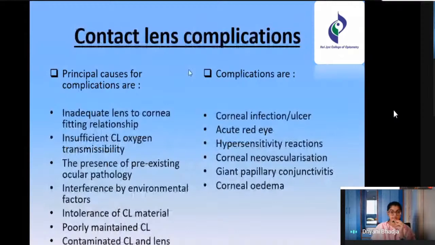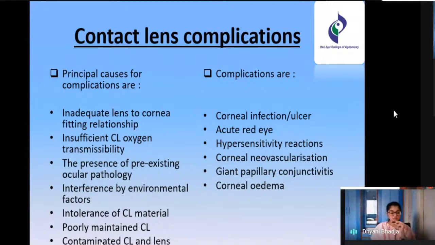So what are the complications which may occur? Principal causes for complications are inadequate lens-to-cornea fitting relationship, insufficient contact lens oxygen transmissibility, the presence of pre-existing ocular pathology, interference by environmental factors, intolerance of contact lens material, and poorly maintained contact lenses, as I said before.